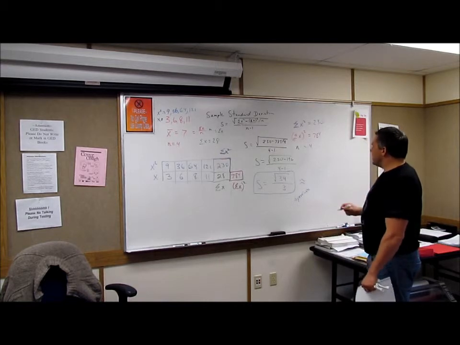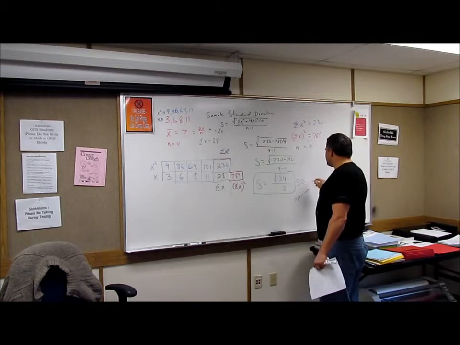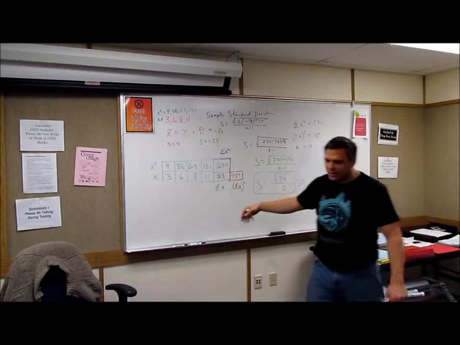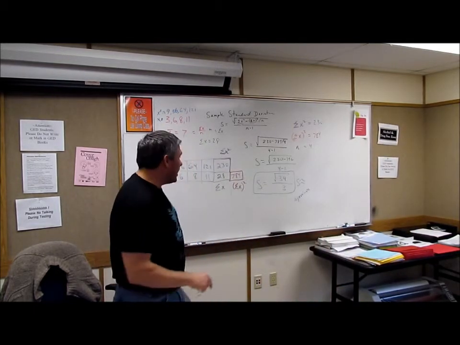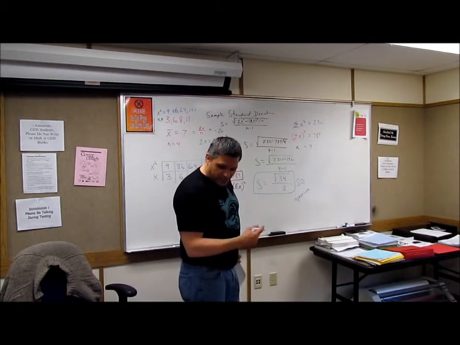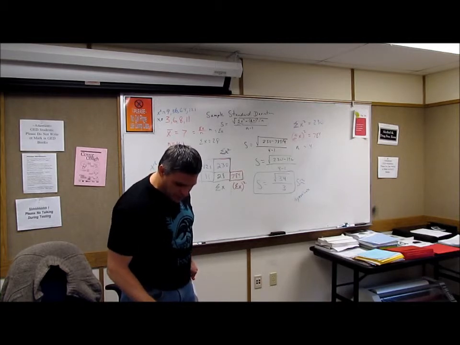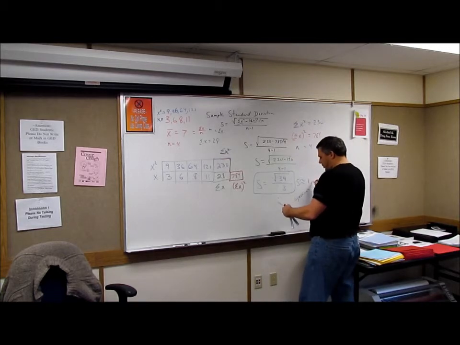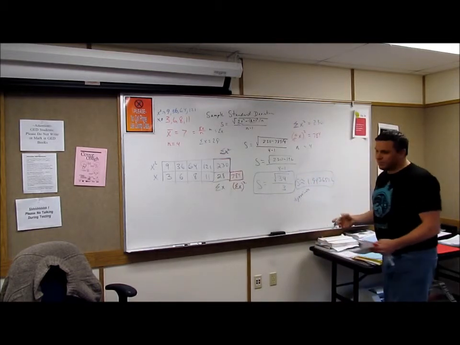And so what we're saying is that s is approximately, and then what you do is you do the math, you put it in your calculator, and you say the square root of 34, which is 5.83 blah blah blah, divided by 3, and you get 1.9436506. Okay? And that is what we like to call the approximate answer.